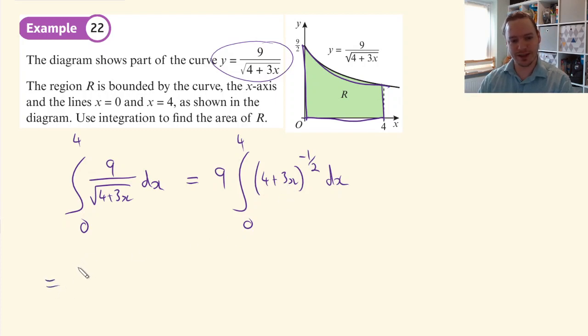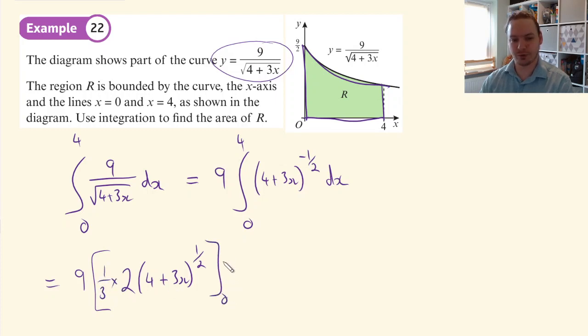So what I'm going to get is 9 lots of, if I integrate this 4 plus 3x, I've got to raise the power, so it's a half now, divide by that new power, so that's going to multiply it by 2, and then I have to deal with the fact that I've got 3x in here, so I need 1/3 of this between 0 and 4. 1/3 times 2 is 2/3.